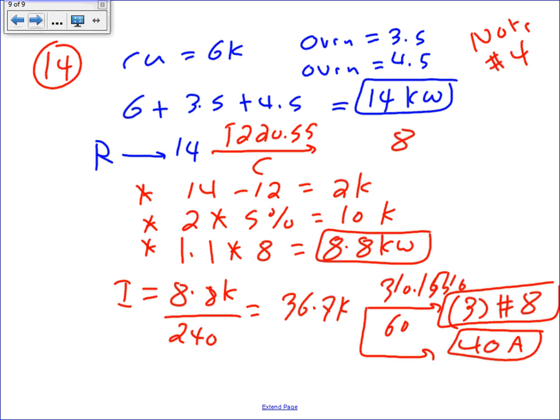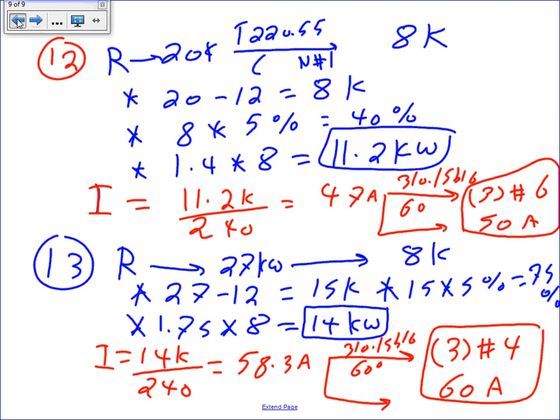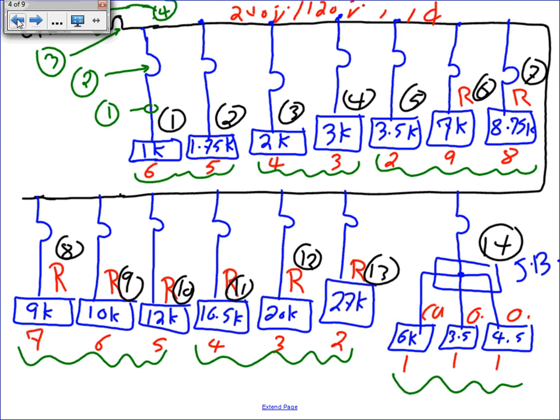Now a bonus for you guys, I'm not going to do it. This is the one that feeds all of them. If I ask you to size the tap conductors, remember there are tap conductors here, 1, 2, 3, this is what we sized here. How about these little ones? How do you size them? Exactly how we did these: based on the volt-amps, take this divided by 240 and size the conductor.